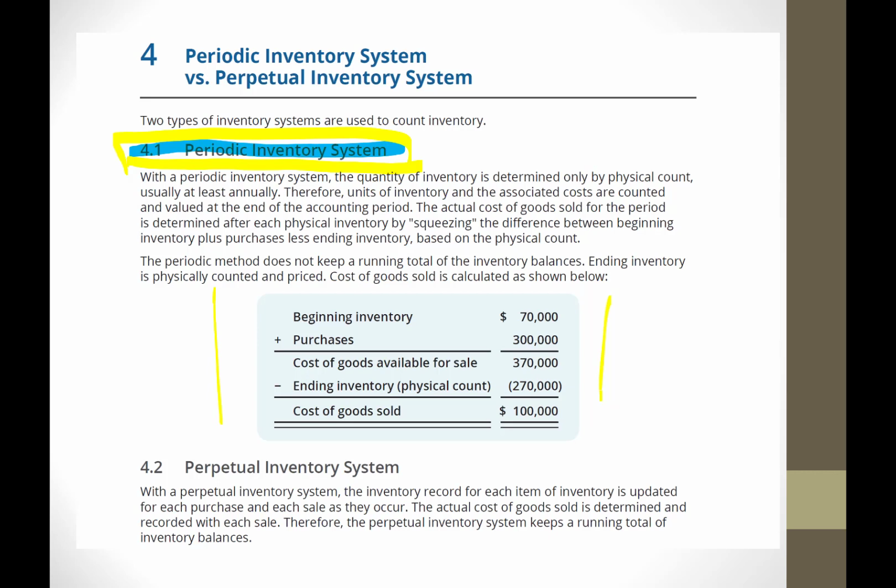There's a question in the quiz in which they say, here's the purchases, here's the freight in. They also say, here's the returns and discounts. What do you do with those? Returns, you're going to add?